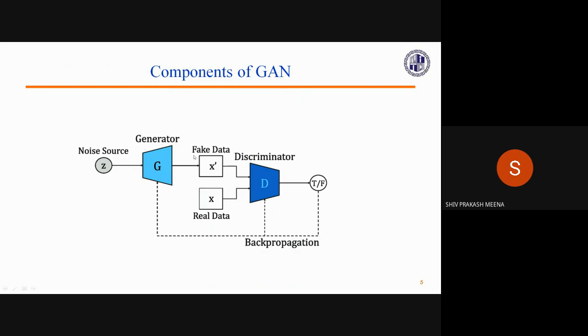This fake data goes into the discriminator, and the discriminator is already trained on real data. It knows what is real data and what is fake data. So here my fake data would have some images. Suppose I have a collection of dog images.